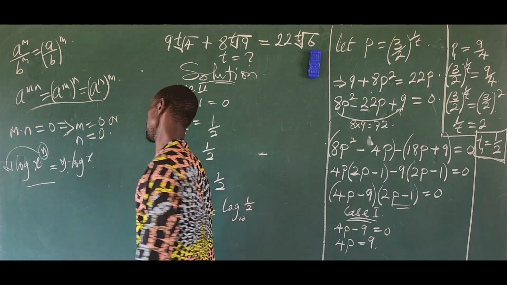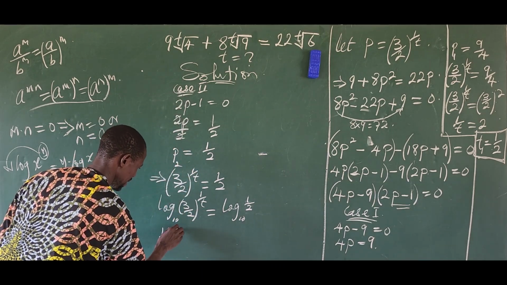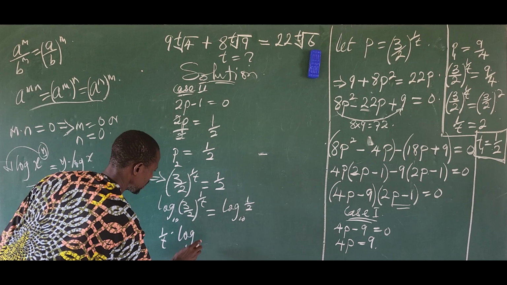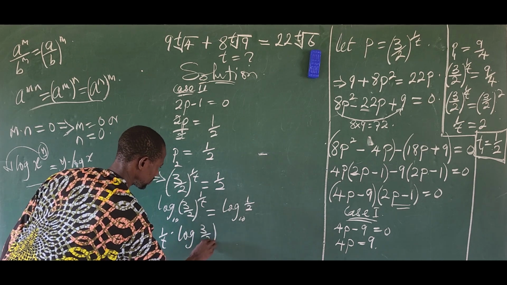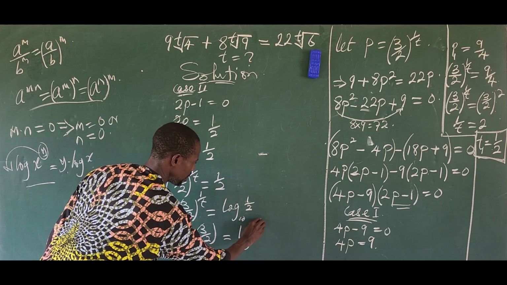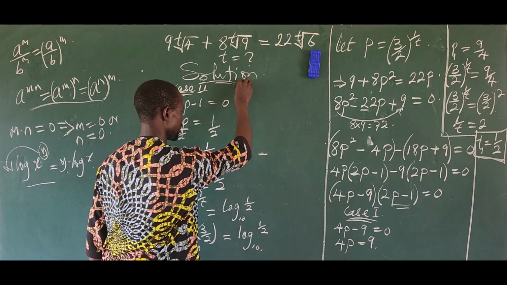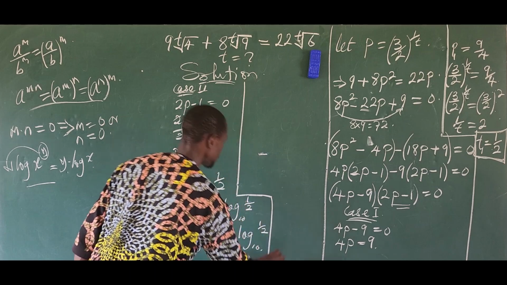If we apply this rule, we have 1 over t times log of 3 over 2, base 10, equal to log of 1 over 2, base 10.